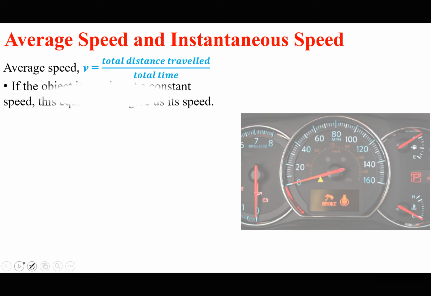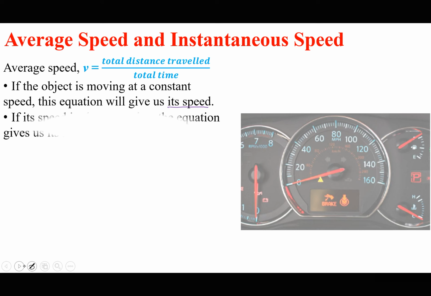If the object is moving at a constant speed, then this equation will still give us the object's speed. But if the speed is changing, then the equation will give us average speed.